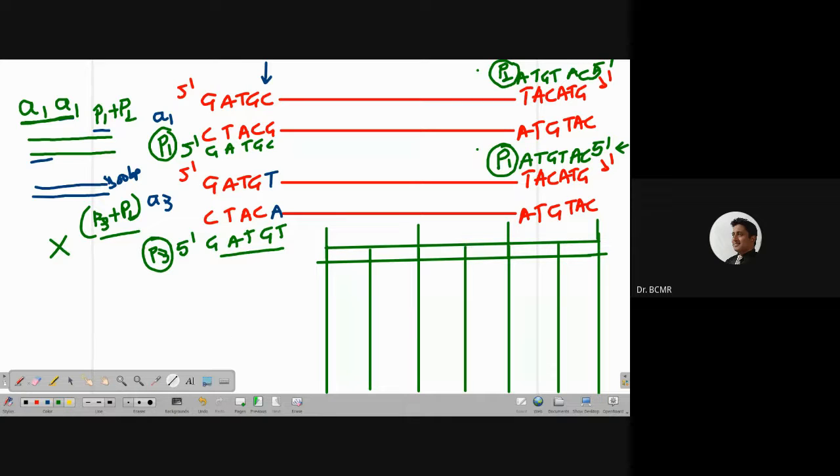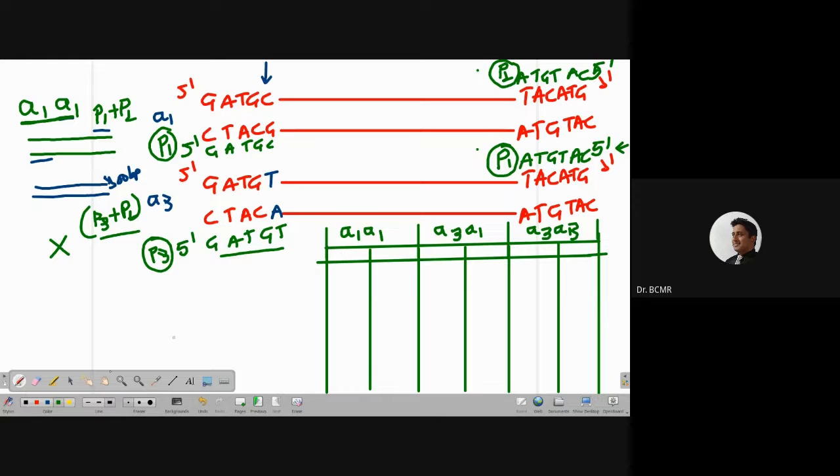In the 3 samples, this person is homozygous for the A1 allele. The second sample is heterozygous, A3 and A1. Person 3 is homozygous for the A3 allele.